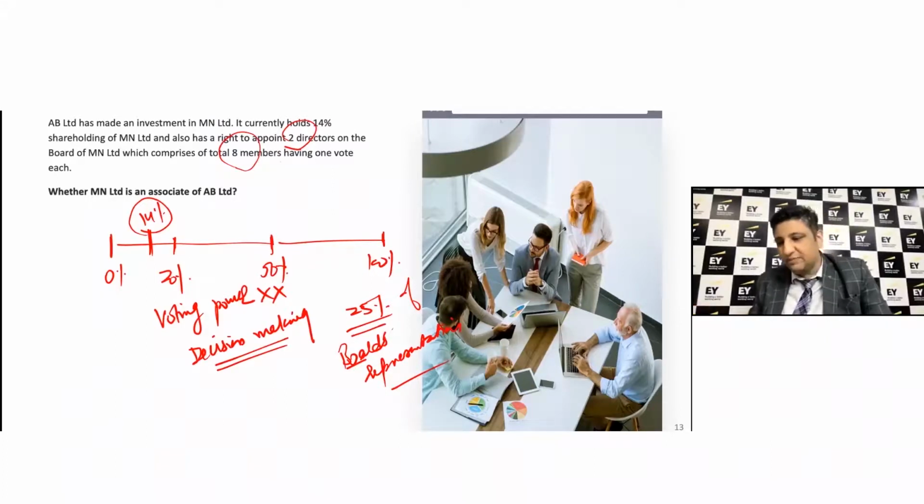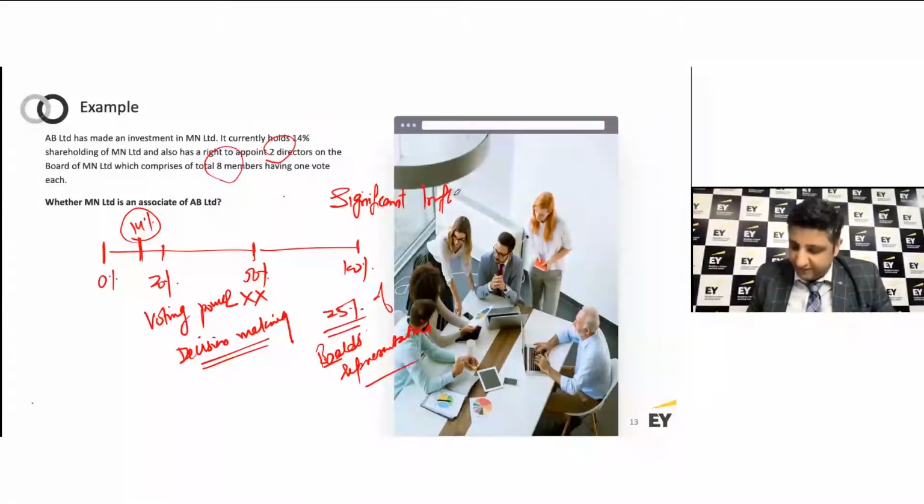Importantly, that 25% of the board's representation is likely to suggest that there is a significant influence that AB Limited has got in MN Limited, right? So it does not matter that you're not holding a 20% stake, because it's not the only criterion. You need to assess that significant influence in all the circumstances.